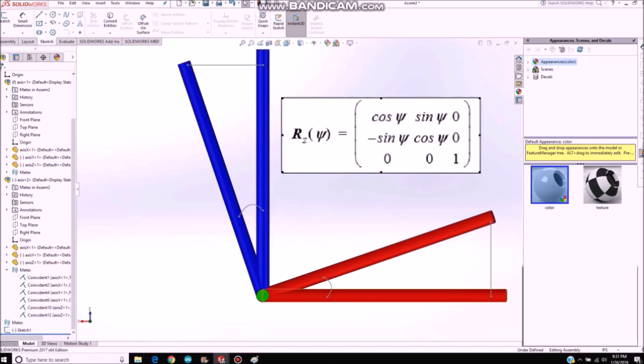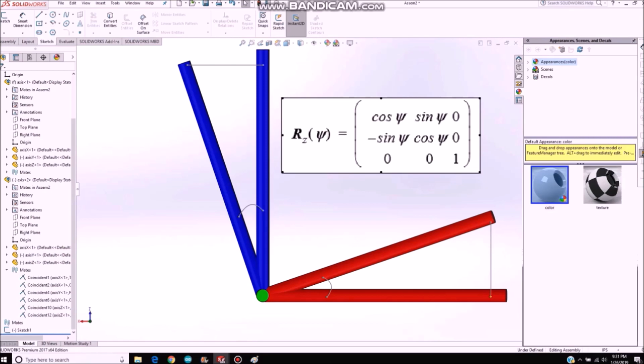This is our rotation matrix along the z-axis. Our first element is cosine psi, which is the x contribution to x. Meaning that for the red frame at the bottom rotated, what portion of x is contributed to that rotation?